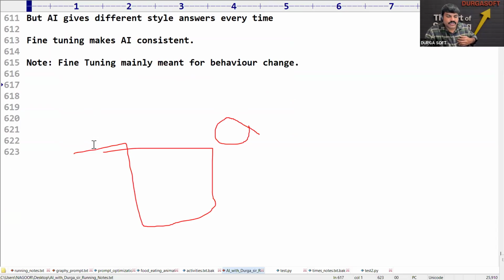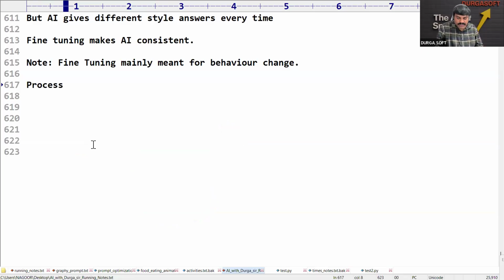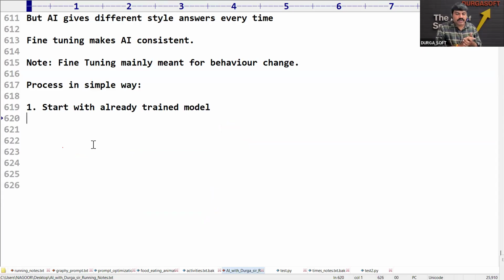Can you please explain the process, how fine tuning actually works? Explain the process in simple words. Start with an already trained model. Prepare your own example data, so this is specific custom data.